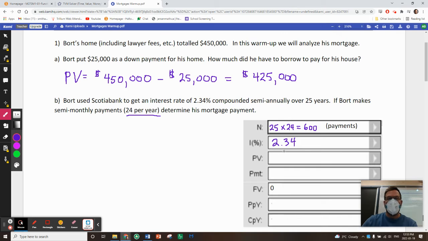All right. Bort has to borrow $450,000. We're determining his mortgage payment, so we're solving for PMT. All right, guys, here's where we just got to get on the same page, being careful for a mortgage problem.